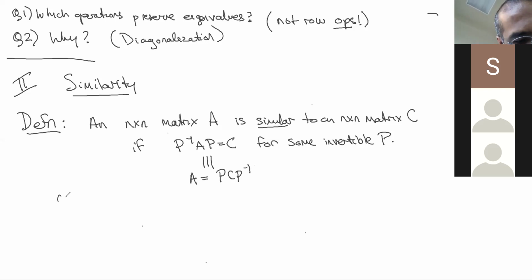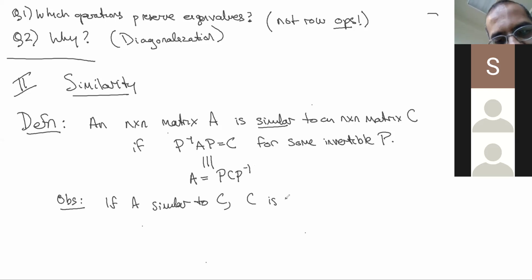So, one simple observation is that if A is similar to C, then also C is similar to A. Why is that? Anybody know?